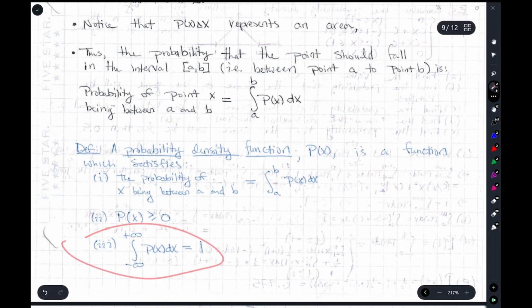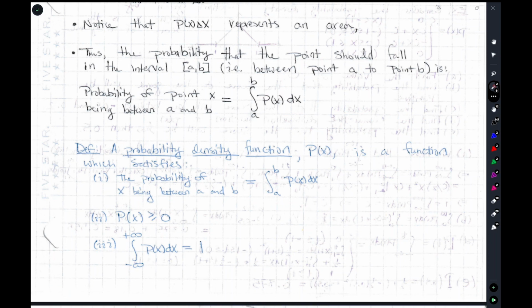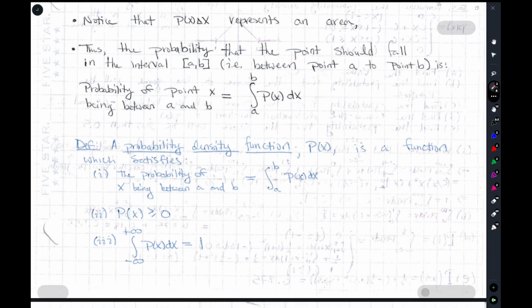And finally, integrating from minus infinity to plus infinity gives us 1. Why is that? That's just to say that the probability that x will lie anywhere on the real line should be 1. I mean, where else is it going to land? So that's called the normalization condition. We're just saying that the sum of all the possibilities needs to equal 1.